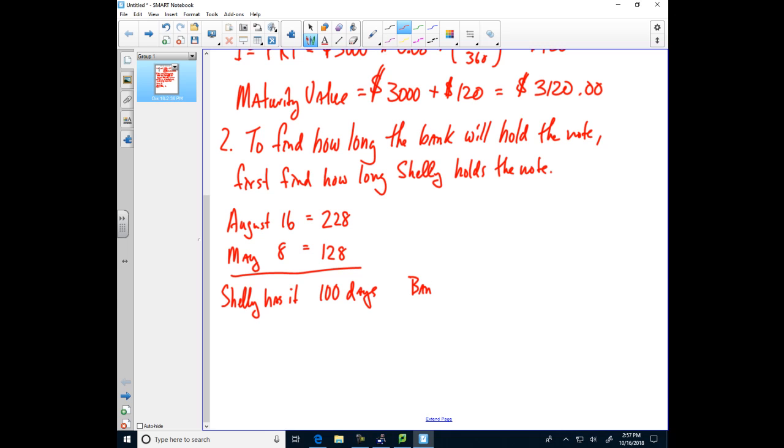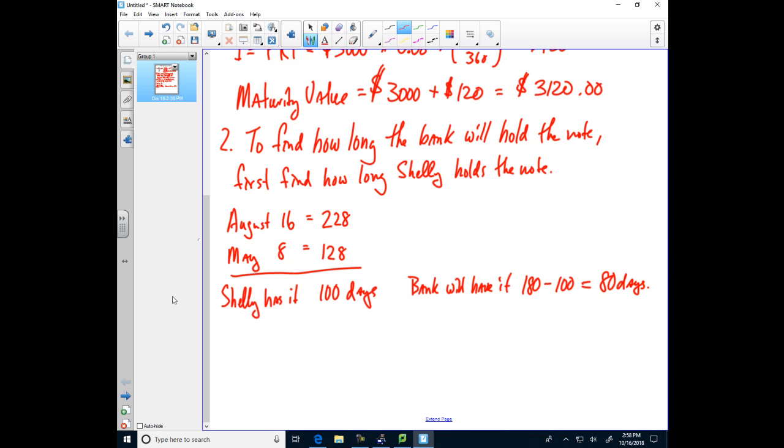The bank will have it, by it I mean the note, 180 minus 100, and that of course is 80 days. Everybody see where we think your way through this.